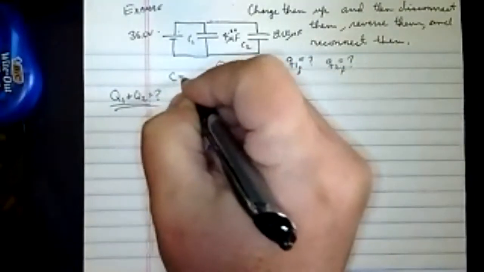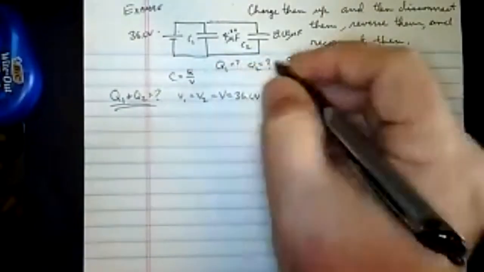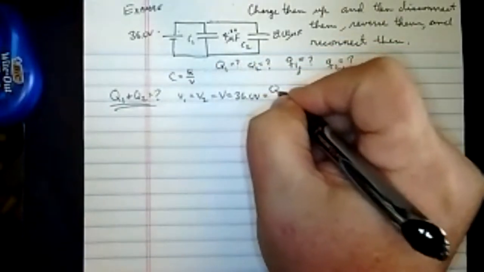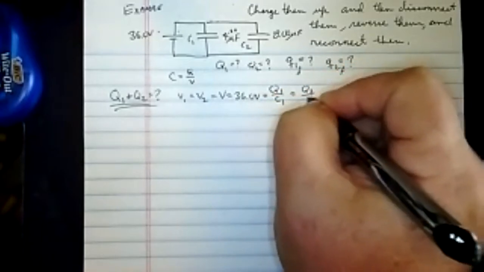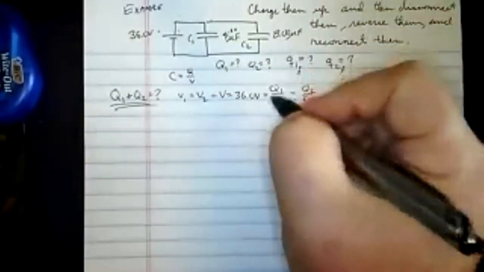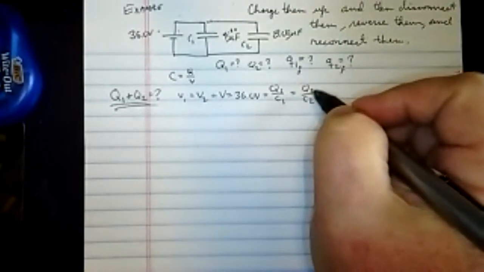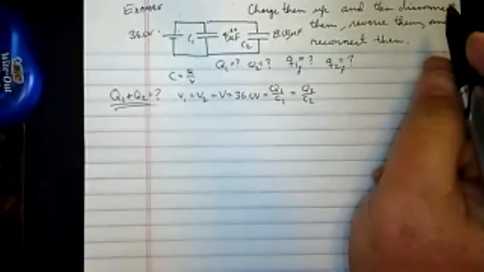But remember, C equals Q over V. So that means Q1 over C1 is equal to Q2 over C2. Okay. So I know C1 and I know C2, but I don't know Q1 or Q2. So I have two variables there.